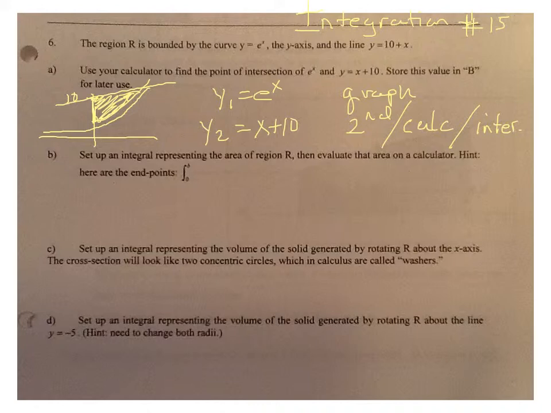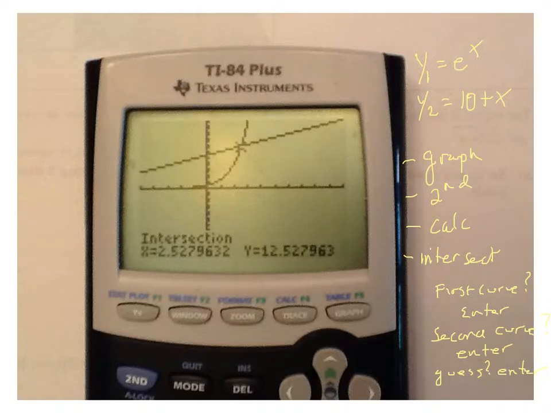You're going to need to change your window because the end result does not fit in the standard window. When you finish that, you should come out with x equals 2.527963 and y is 12.527963. So your calculator should end up looking like what I have on the screen.